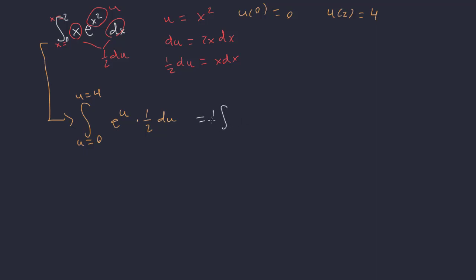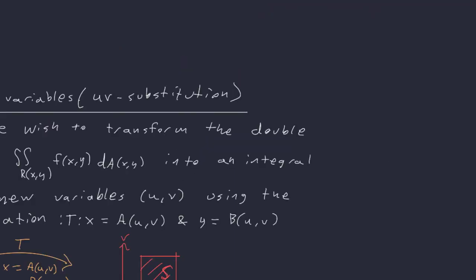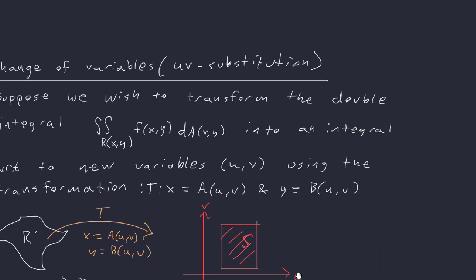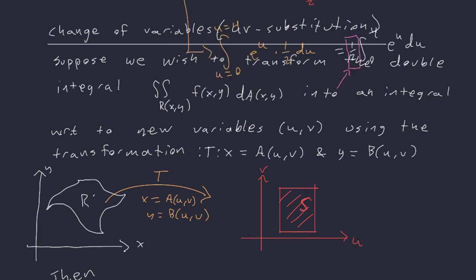So we'll have 1/2 times the integral from 0 to 4 of e to the u du. What I'm trying to get at here is that this 1/2 is essentially what we had in the previous slide. That is that J. That's essentially the Jacobian.